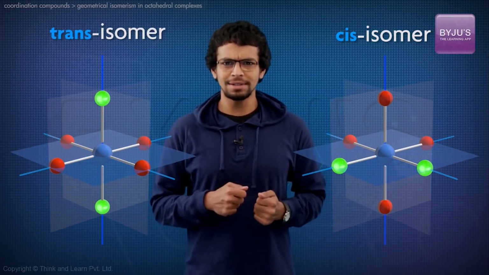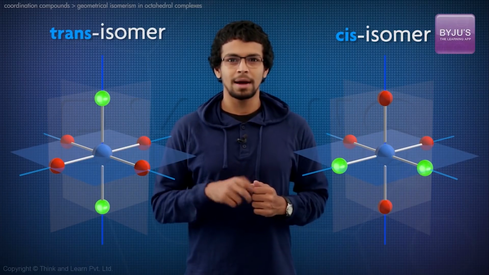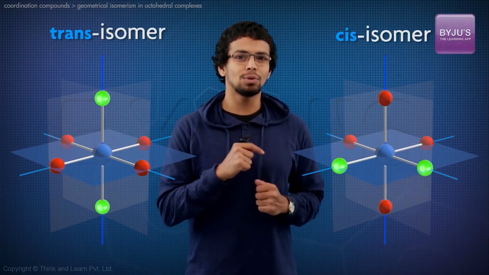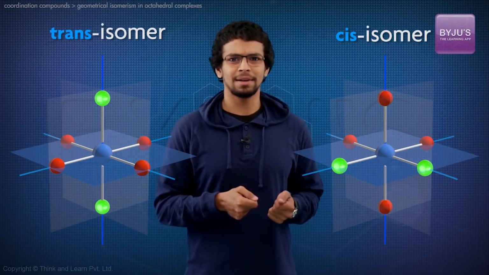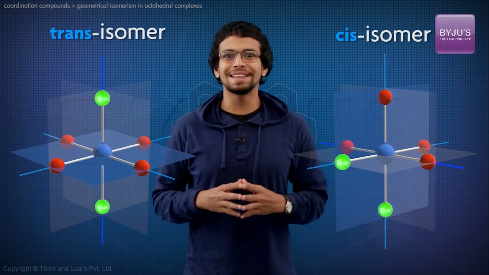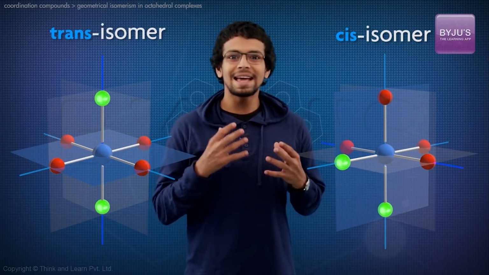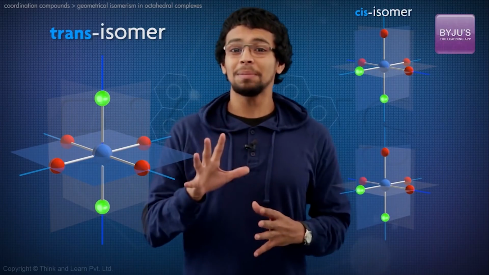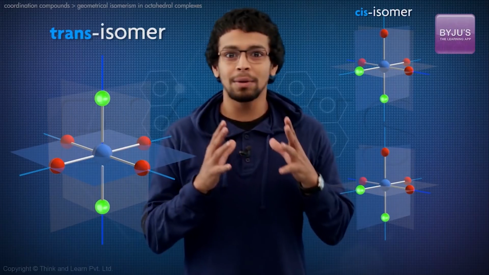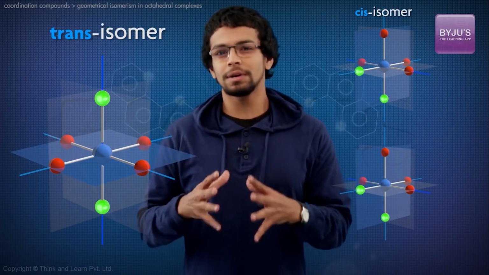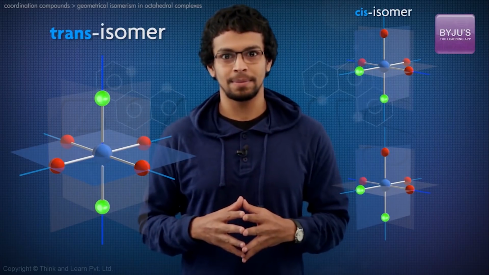Will this be a cis or a trans? You need to understand this very carefully, that this isomer is no different from what was there earlier. Because if I just rotated this while changing the XY planes and the axes, it's exactly the same as what we had earlier. Keep in mind that our depiction of the XY, YZ, ZX planes and the XYZ axes is just a model for us to be able to visualize things.